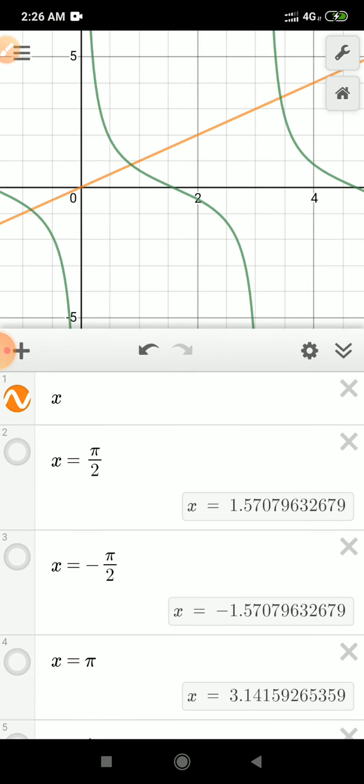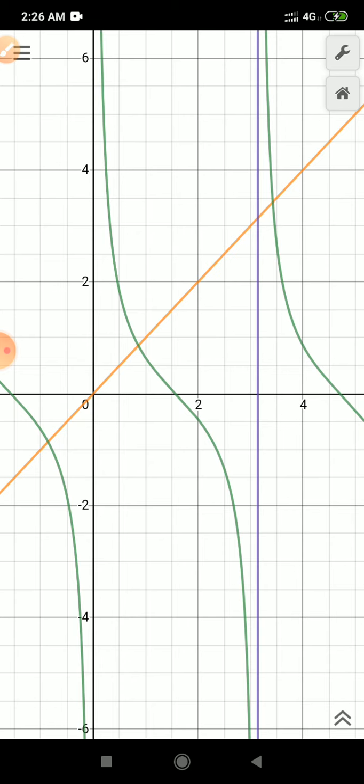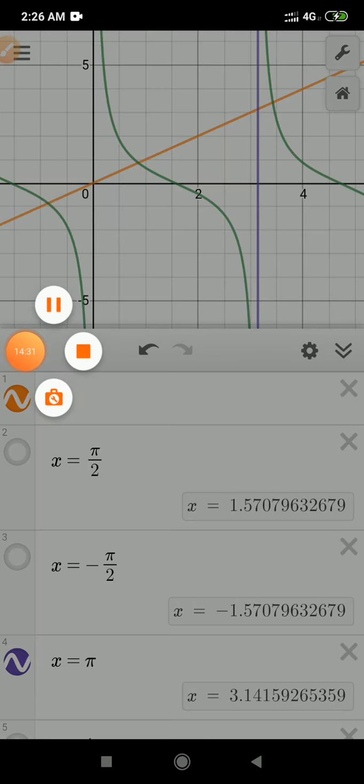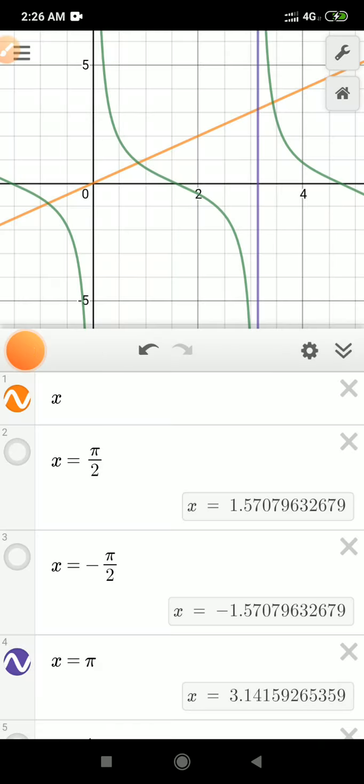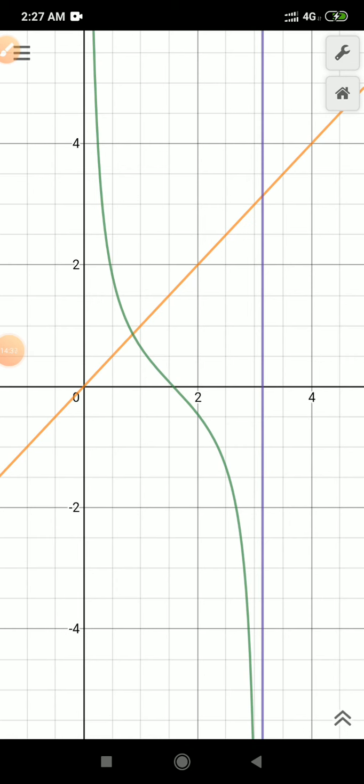and see, if we draw the line x equals to pi, we can see within the domain 0 to pi the function is injective. So first of all we are defining the function within that range. This point here is pi.